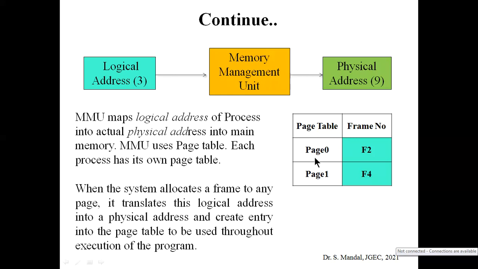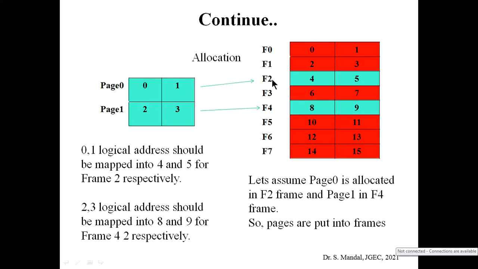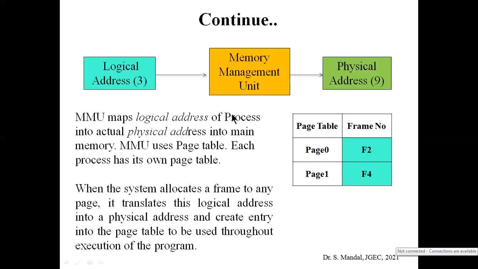Basically it indicates which page is allocated to which frame. As you already know, page 0 is allocated to frame 2, and page 1 is allocated to frame 4, so that should be kept in the respective page table.